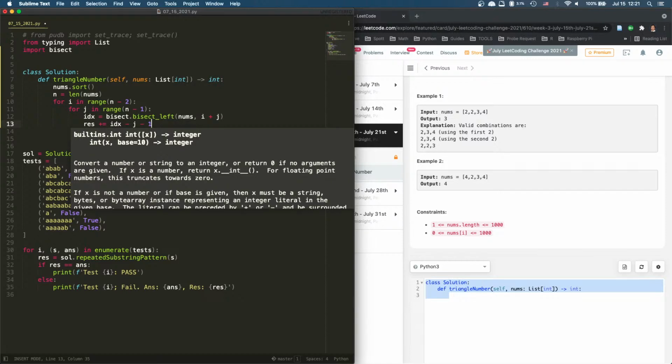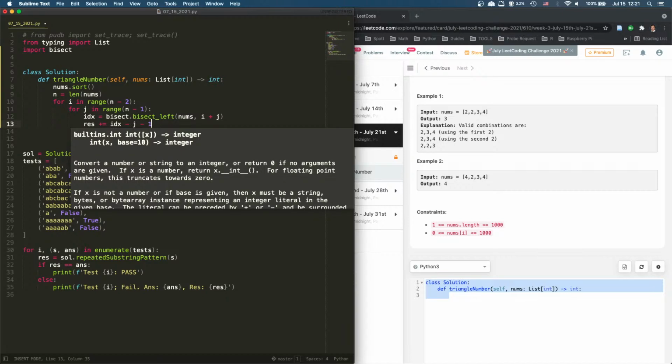All right, I'm gonna write it out. So there's 5. 5 index is gonna be here. 0, 1, 2, 3, 4, right? 4 minus 1 is 3. That's 2, yeah. And what if I have 2, 2, and 4?